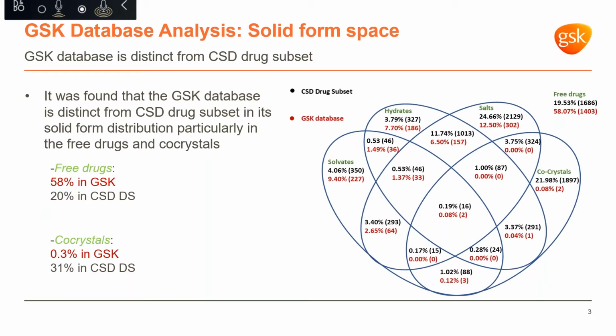As for co-crystals, why they are so low in our database, it's basically that co-crystals have never been GSK's first preference for development. On top of that, once the structure is in the public domain, co-crystal studies from academic groups may increase the numbers in the CSD drug subset.